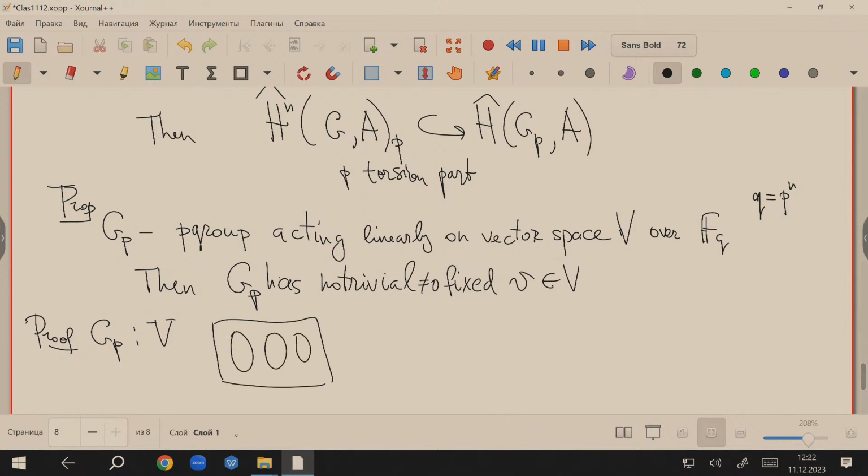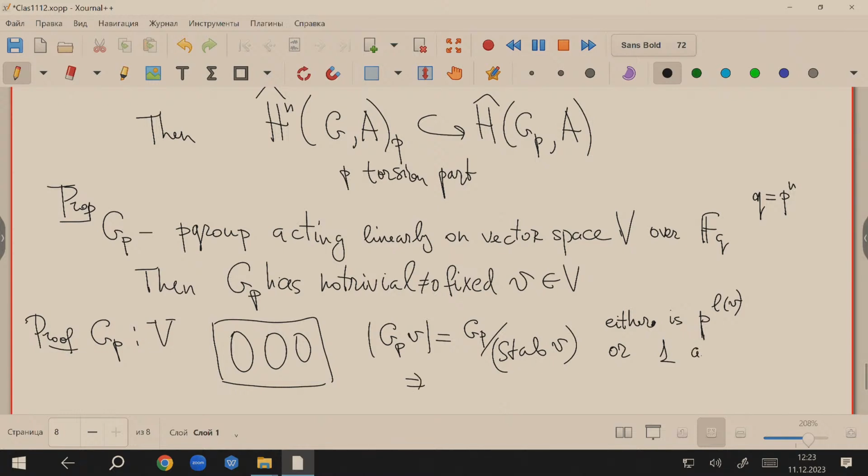The orbit order of V is just the order of GP modulo the stabilizer of V. And this is either divisible by P, a power of P, P to the power L, or it can be just equal to 1, then V is fixed.